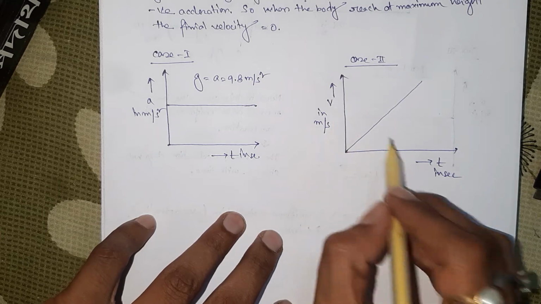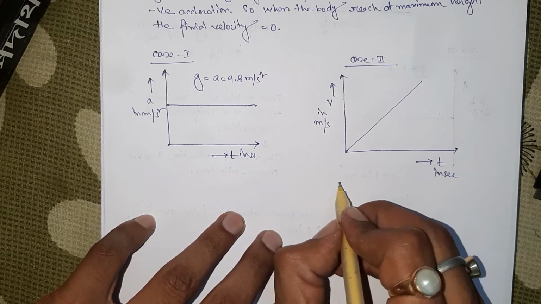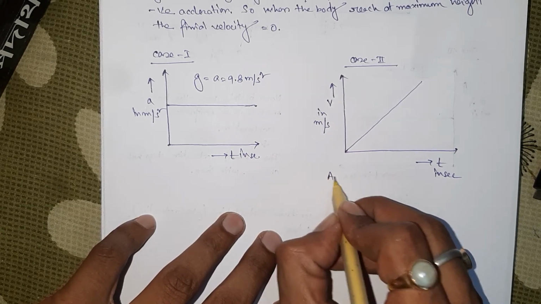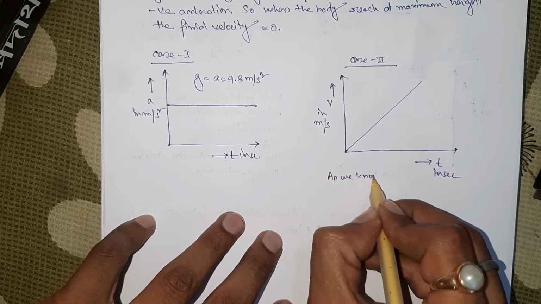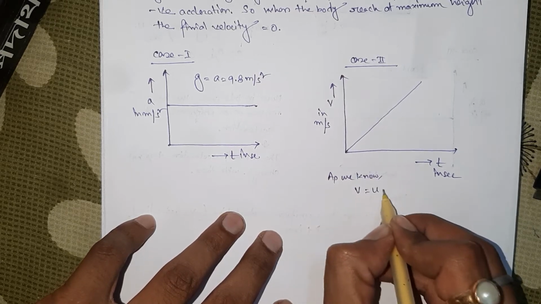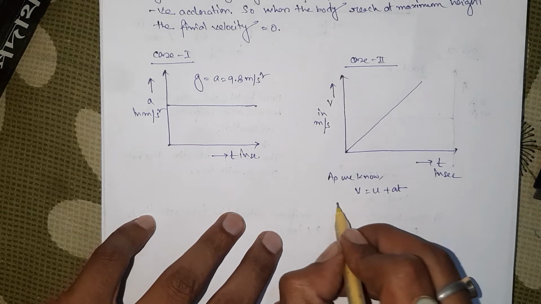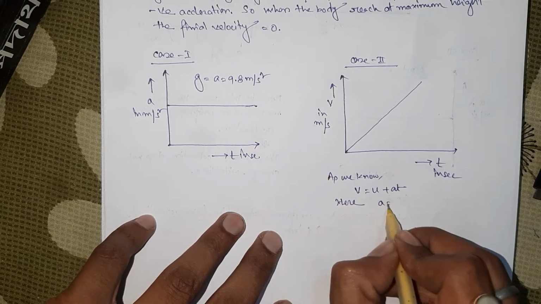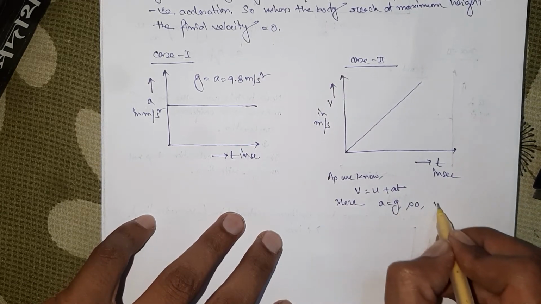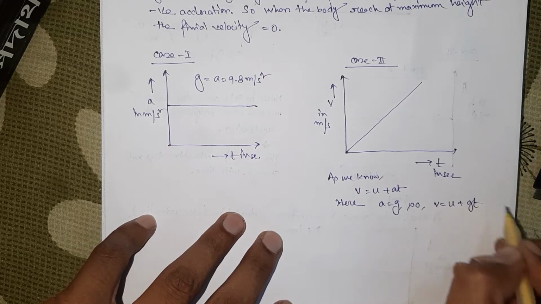Now why the velocity is a uniform in nature? So as we know, v equal to u plus at, here a equal to g, so v equal to u plus gt.